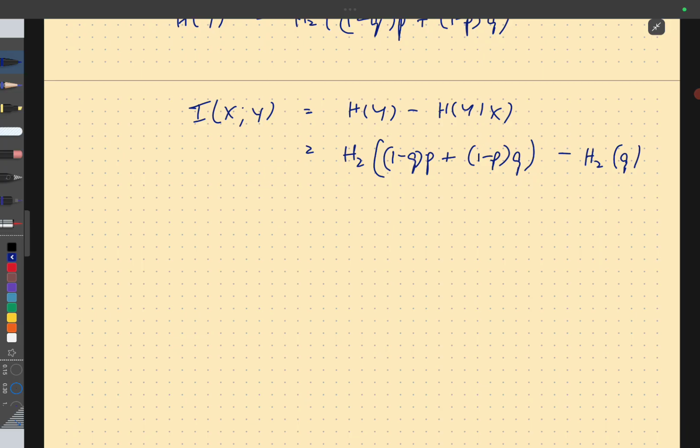Now, the nice thing about this binary symmetric channel is that there are different ways of looking at it. One can view this as an additive channel, but this addition is not over the reals, but rather over the binary field, or it's the XOR.